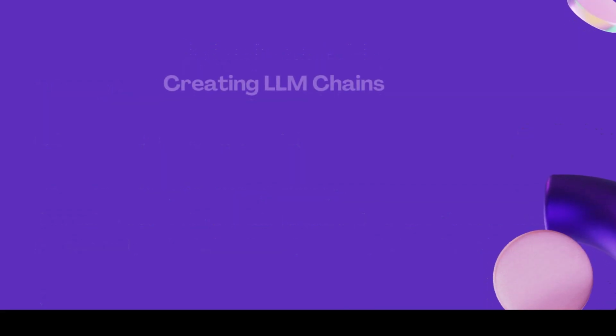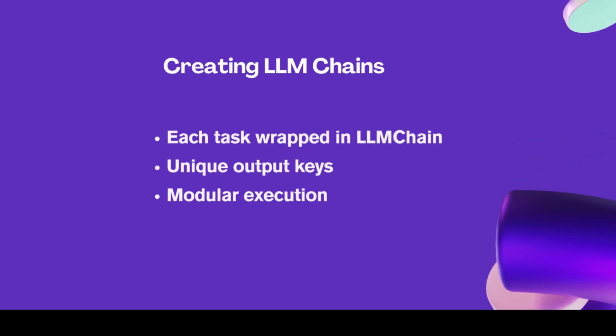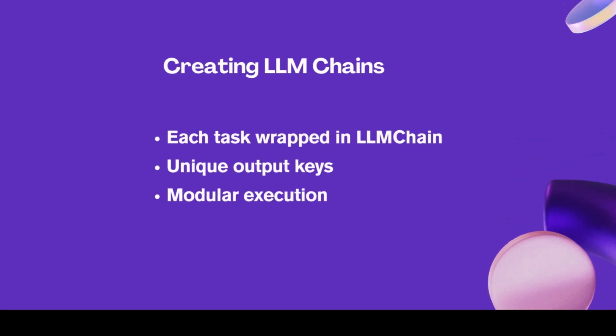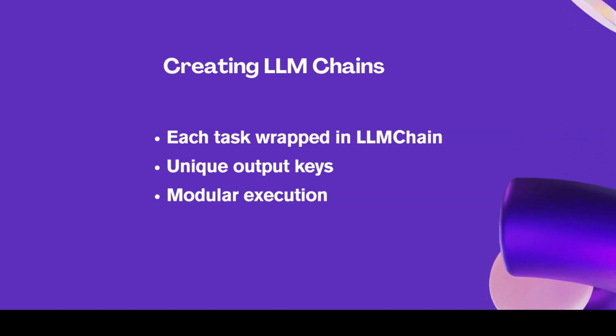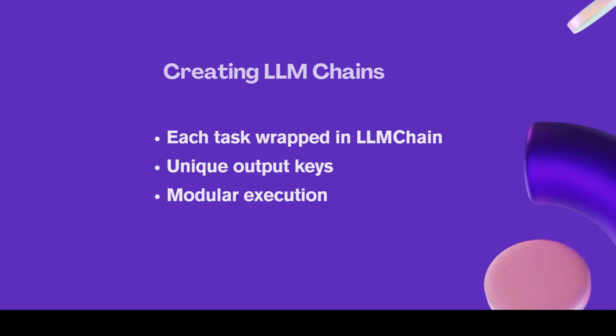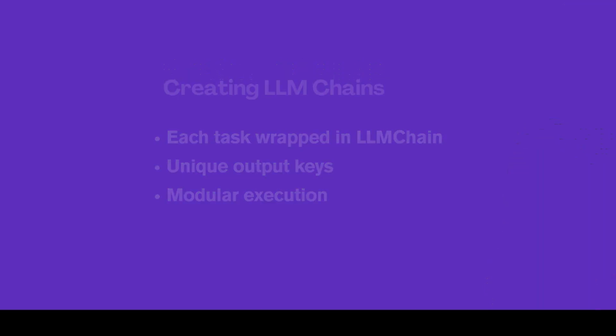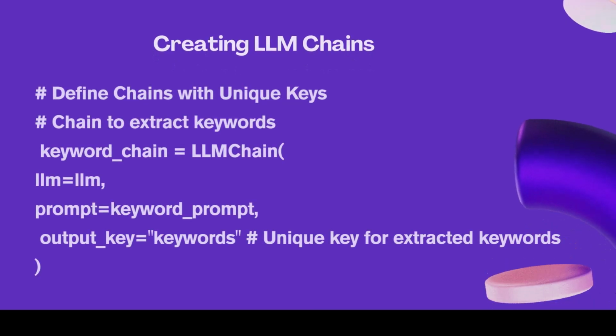Creating chains. Each prompt is connected to the LLM using an LLMChain. We assign unique output keys: keywords, sentiment summary, refined summary. This code defines 3 chains using the LLMChain class, each with a unique output key.